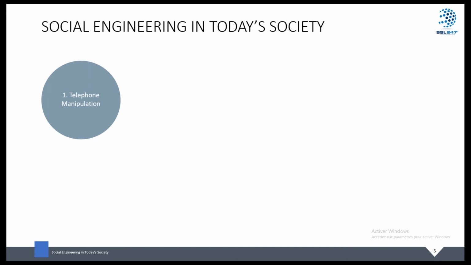DEF CON is one of the bigger security conferences in the world, and they do it in the social engineering village. They do a phone phishing competition where participants are isolated in some kind of glass cage, and the goal is to gather as much information as possible on one company. The participant that has gathered the most information wins.